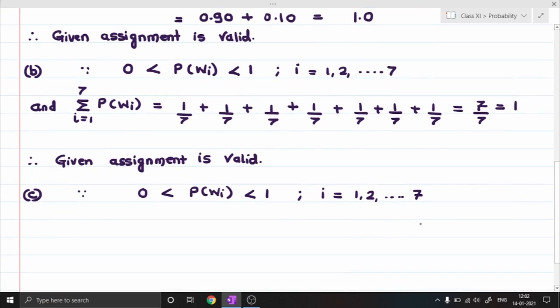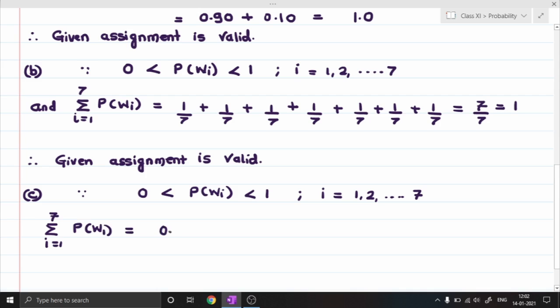But now if I take the sum of all outcomes, suppose I find the summation from 1 to 7 of PW1, PW2 till PW7.